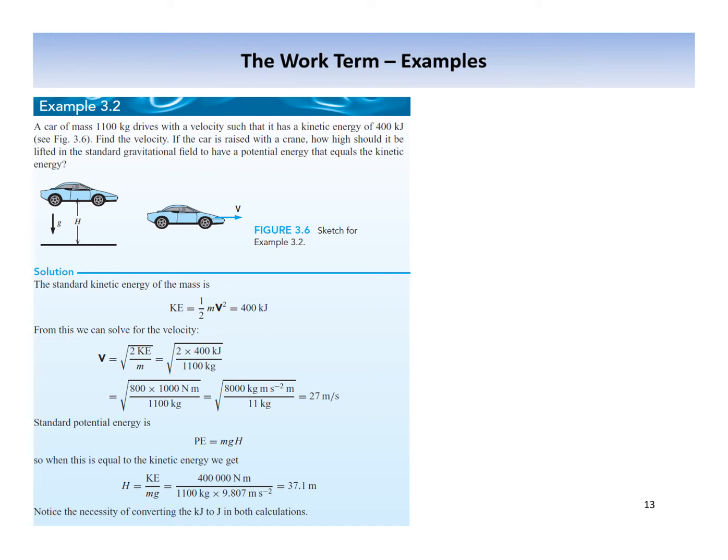So now we want to know, if this car's kinetic energy is transformed into potential energy, how high will it go? Here we will equate the kinetic energy to the potential energy, and solve for the height that it can go using this kinetic energy.